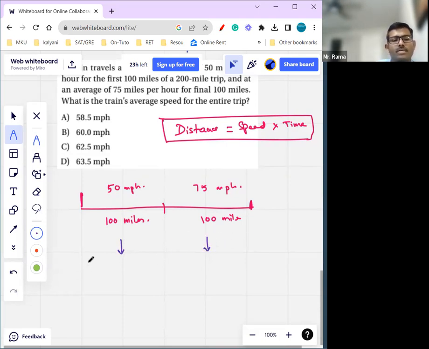Time is 100 divided by 50. Agree, everybody? Distance divided by speed gives me time. So that's 2 hours here. And then here, 100 divided by 75, which is 4/3 hours.